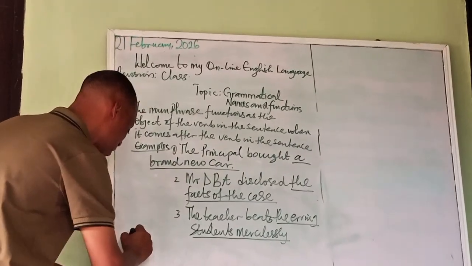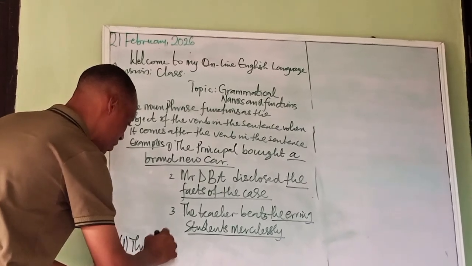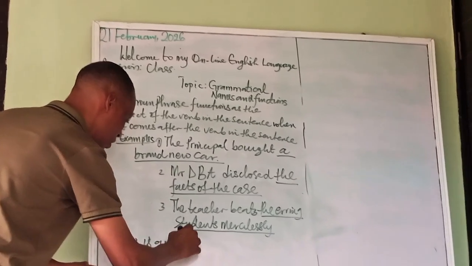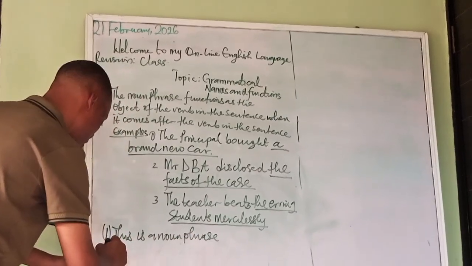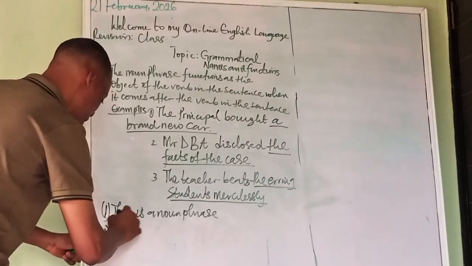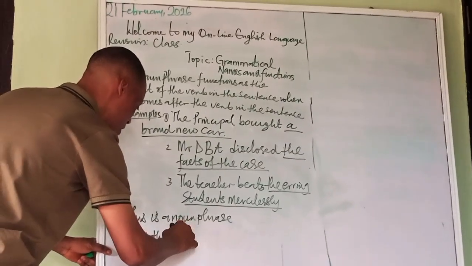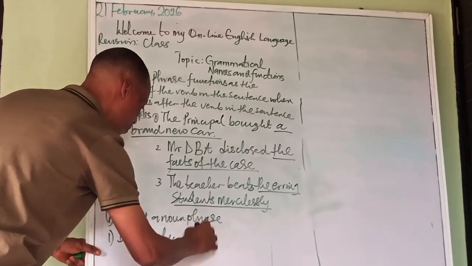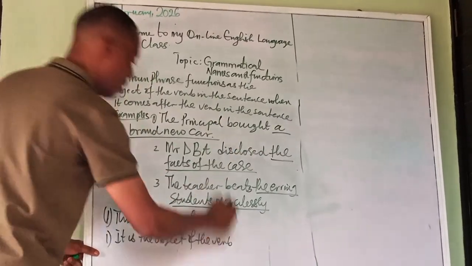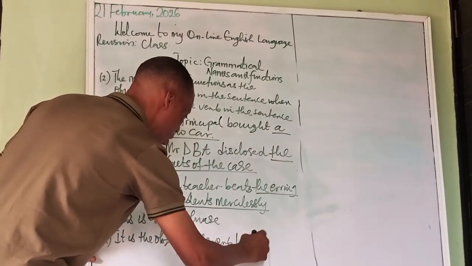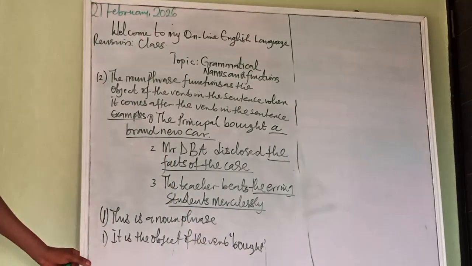Your answer is, this is a noun phrase. And what's the function? It is the object of the verb. What's the verb here? Bought. And that is how you answer your question.